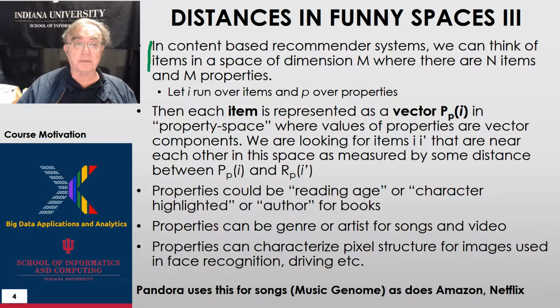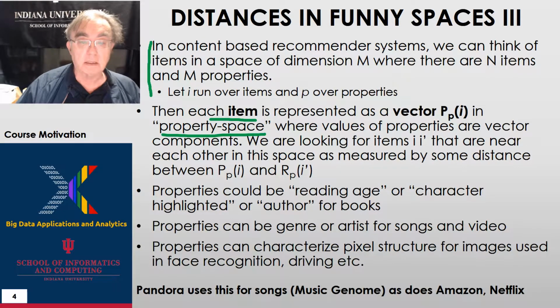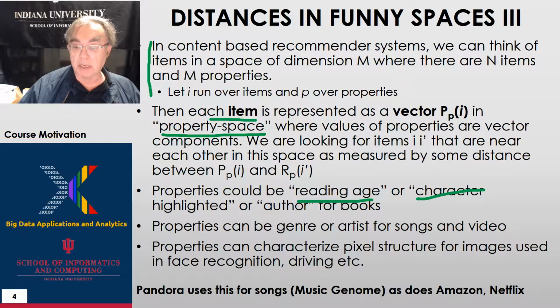The third type of thing we have is content-based, where items are represented by vectors in the property space. Maybe that has the color, the size, things like that, and, like in books, the reading age, or whether it highlights Hercule Poirot or some other type of thing, or even the author of the books.